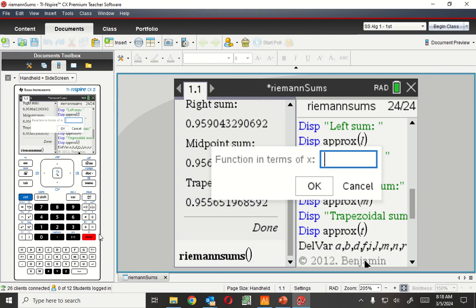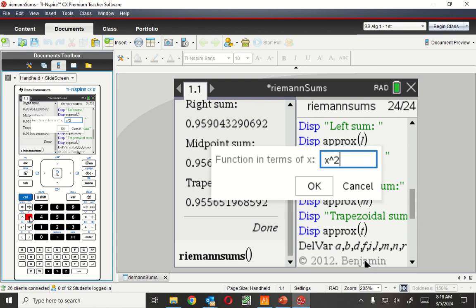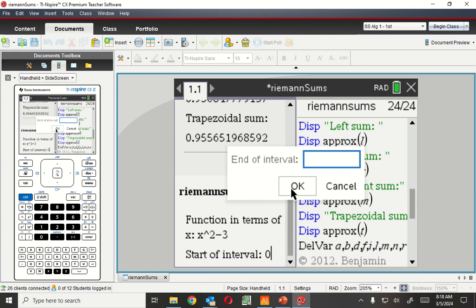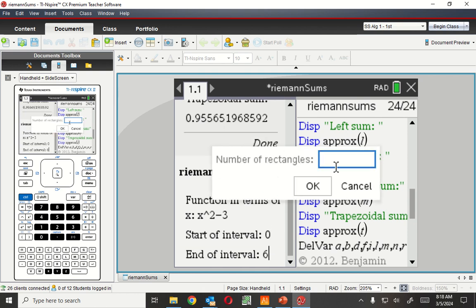Our function was x squared minus 3. Our left interval was, was it 0? I think so. Yeah, so 0. Our right interval was 6. Number of rectangles: if I was going to do equal parts, 4 rectangles.